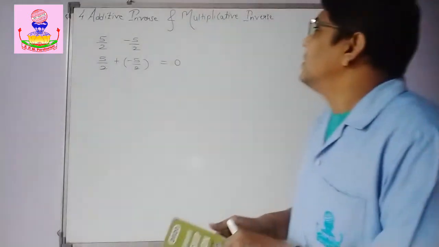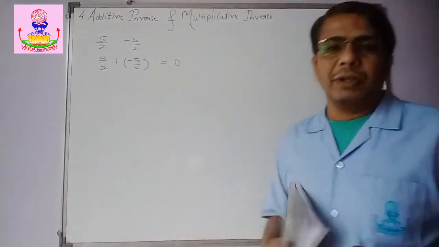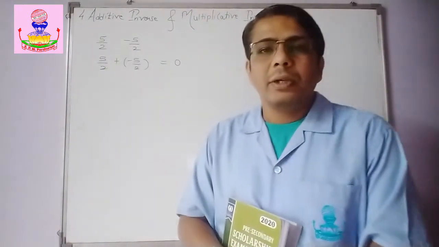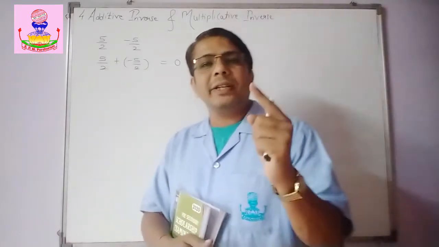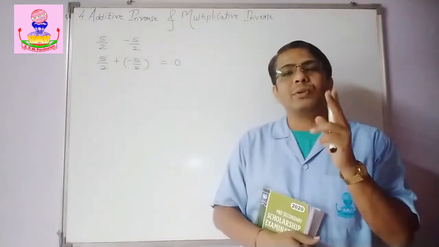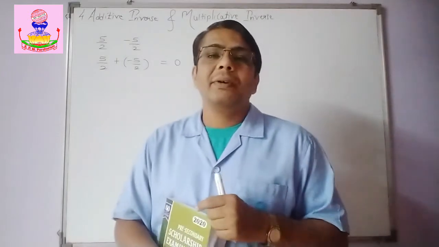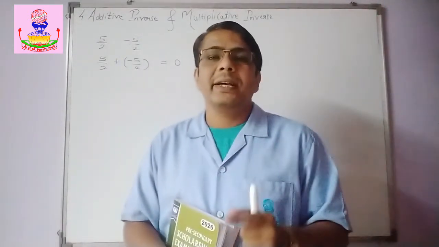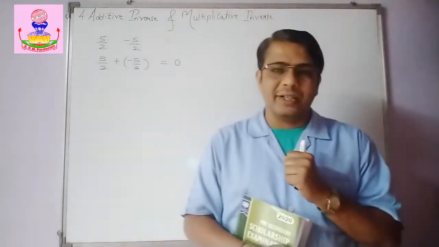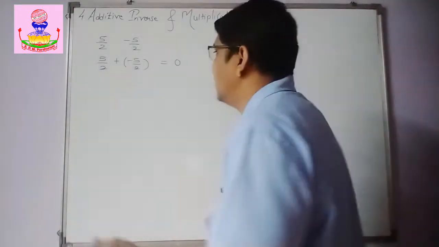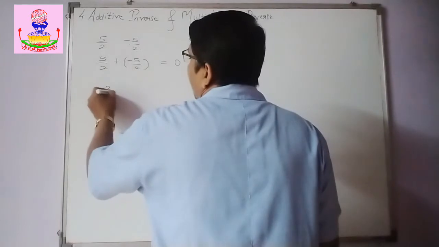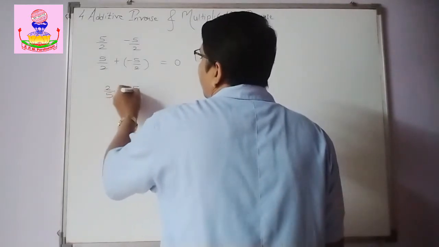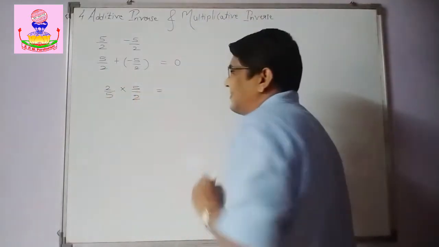Okay, then the next part is multiplicative inverse. When the product of two rational numbers is 1, then the two rational numbers are said to be multiplicative inverse of each other, or they are also called as reciprocals of each other. Okay, so for example 2 upon 5 multiplied by 5 upon 2.